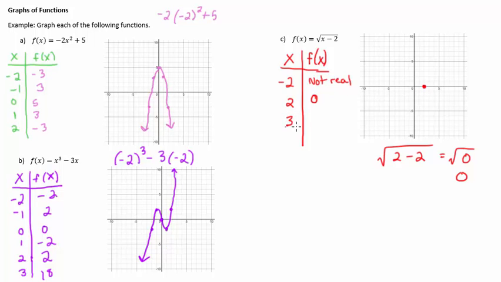So I can plug in 3, 3 minus 2 is 1, square root of 1 is 1. Now I can plug in 4, but then I'm going to get the square root of 2, and that's gross. So we could try to pick something like 6, because the square root of 6 minus 2 ends up being the square root of 4, which is 2.